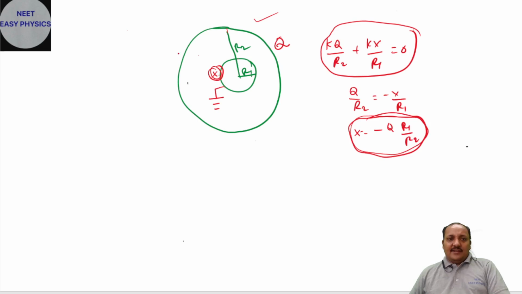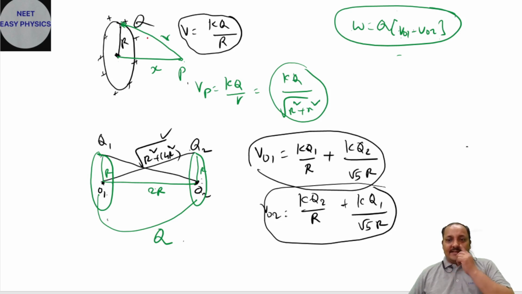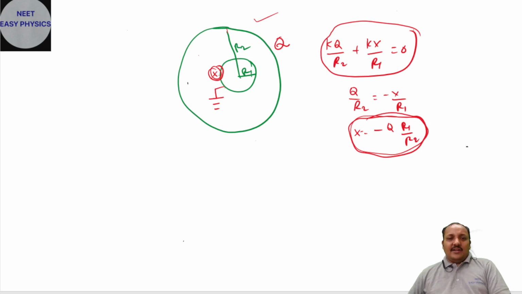If you are not getting problems on these, what we discussed now, only the first concept is going to be important because the charge is going to be exchanged till their potentials are equal. But the remaining is not that important from the point of view of the final exam, NEET. Okay. So if you're facing some problem or confusion, then you can ignore this concept, no problem.